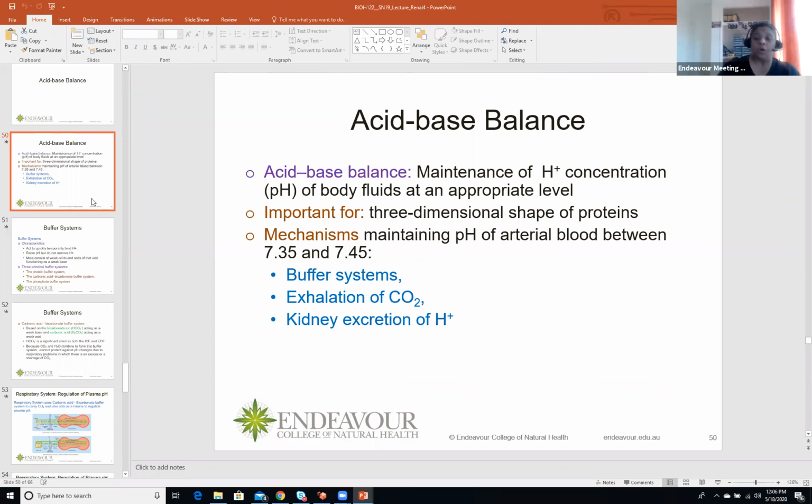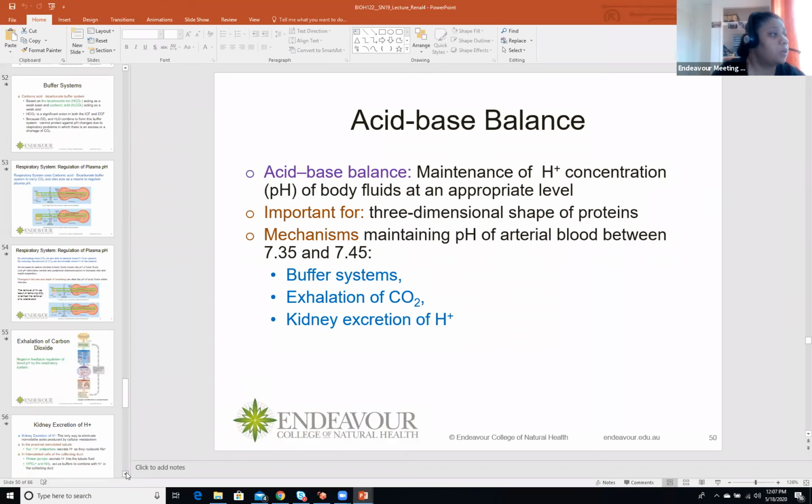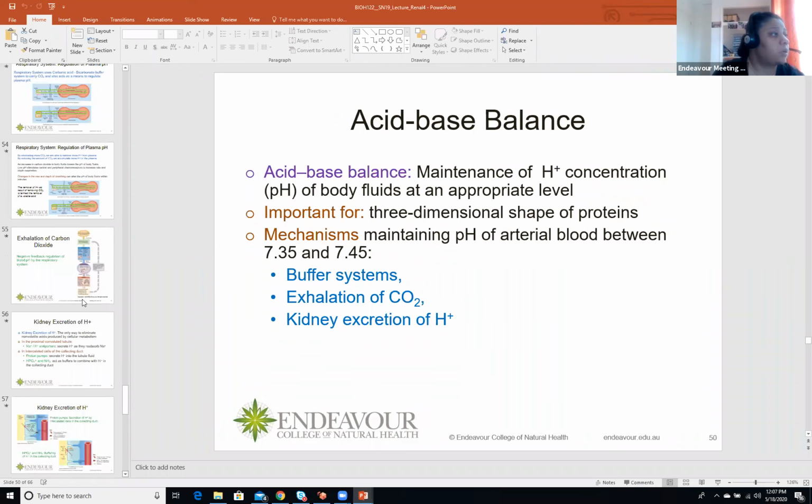When the pH of the blood changes and it becomes more acidic, so when hydrogen concentration in the body increases, that is called acidosis. So I'm just going to take you to the concept of acidosis and alkalosis.